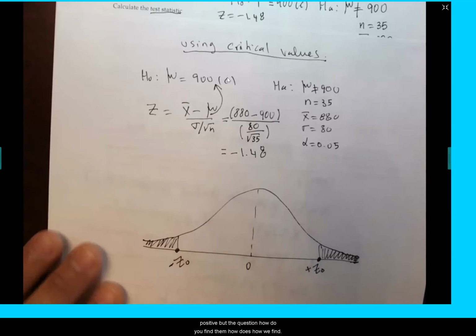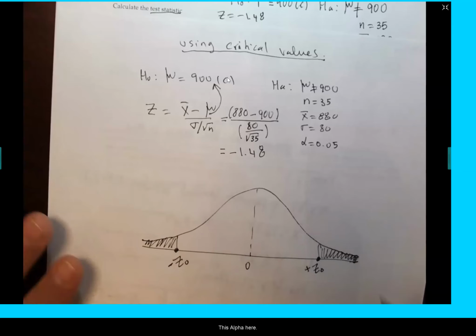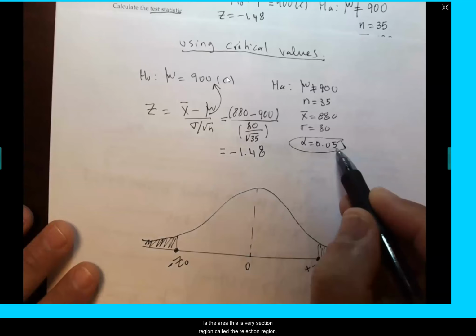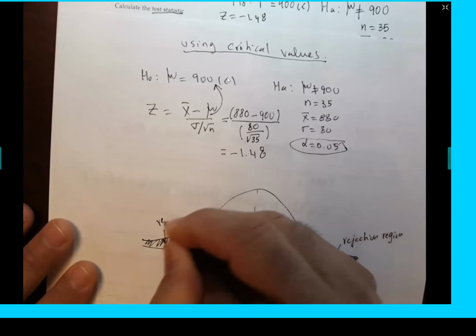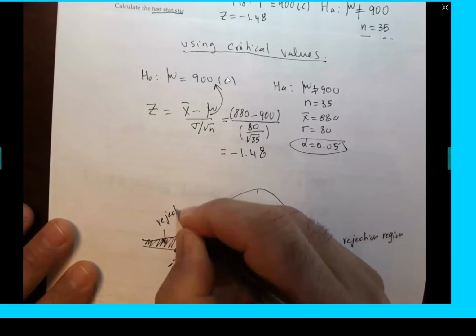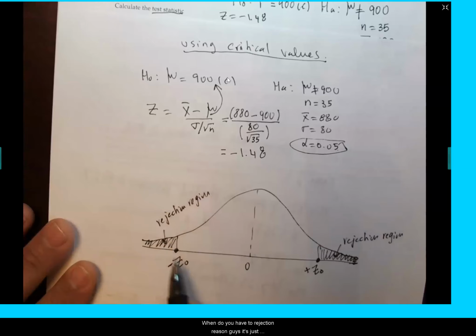But the question is, how do you find them? Here is how we find them. This alpha here is the area. This is called the rejection region. Since it's a two-tailed test, we have two rejection regions. When you have two rejection regions, guys, it's just like the confidence intervals when you learned about confidence intervals.